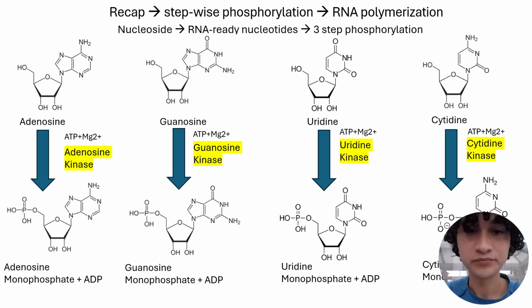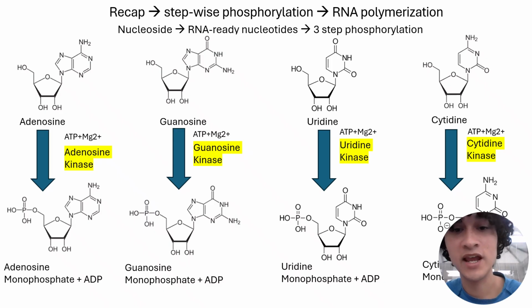Okay, so just to recap, stepwise phosphorylation is a process in which a nucleoside, so a nitrogenous base bonded to its sugar, whether it's deoxyribose or ribose sugar, becomes an RNA or DNA ready nucleotide. So in this case, we're going to talk about ribonucleotides. We start off with our nitrogenous base and then our deoxy and our ribose sugar.